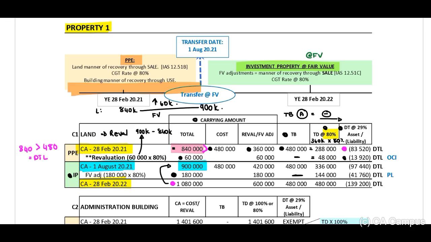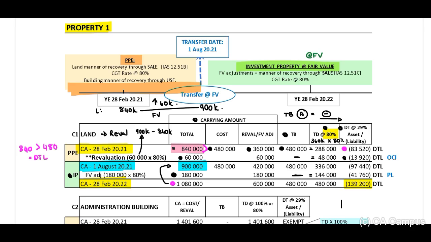And then for temporary difference purposes, it's 180,000 times 80%, 144,000. And we have a deferred tax liability. Right. Now, when we look at the carrying amount for 28 February 2022, our deferred tax liability will be 139,200.